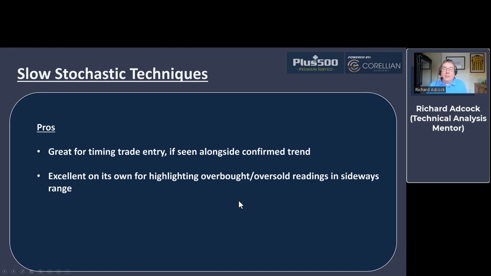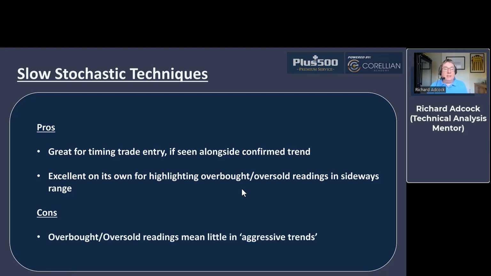It's excellent on its own for highlighting overbought and oversold readings within a sideways trading range. So it allows us to trade the range. Momentum turning down when you're in a sideways range gives us a signal that the upper limit is holding and the risk is for a resumption of downside, and vice versa when momentum turns up within a sideways range.